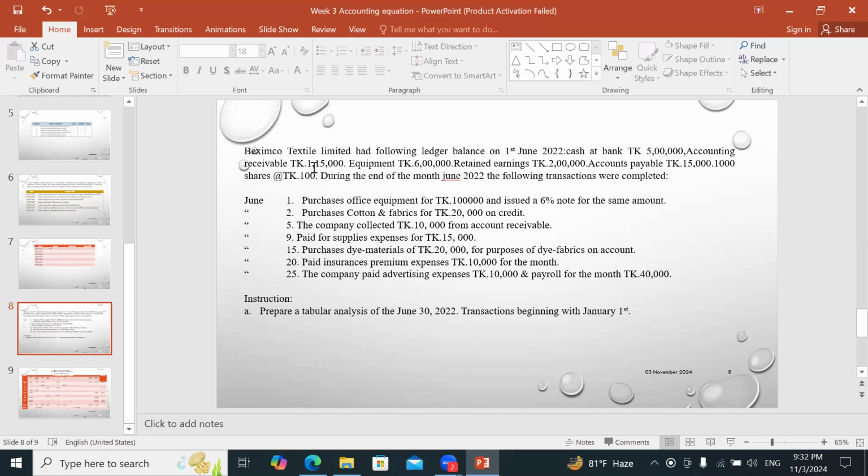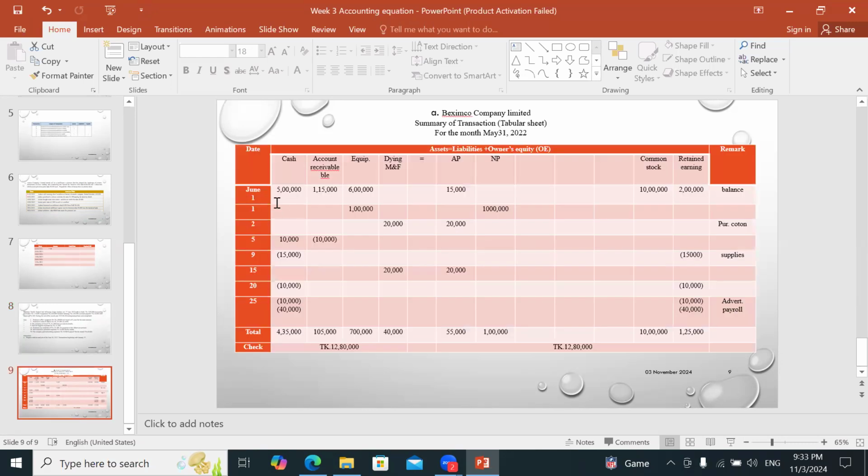One is future collection, related with receivable, and the other is future payment, related with payable. All kinds of payable are liability and all kinds of receivable are asset. You mind it. So account receivable is one kind of asset, account receivable 1,50,000.